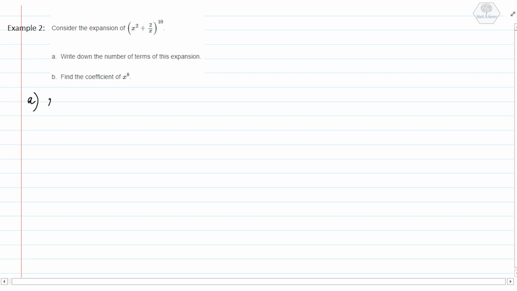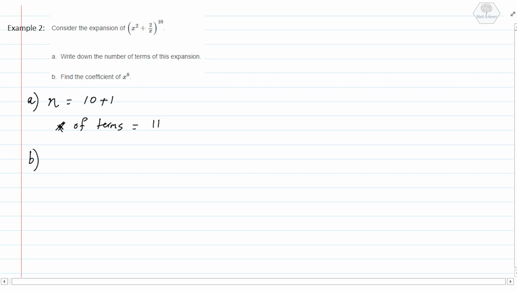So the number of terms here is equal to 10 plus 1, where n is 10. So the number of terms is equal to 11. Always you take the n and you add 1. Easy. Let's go to part B.